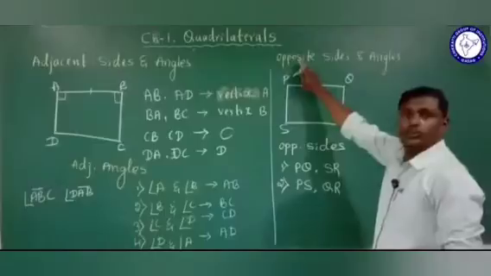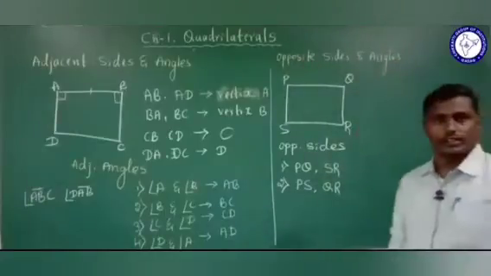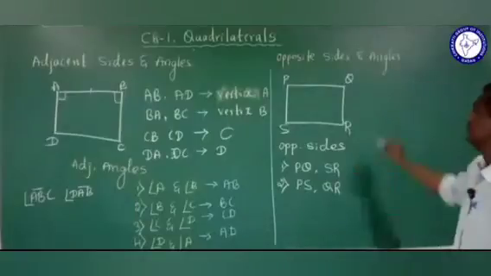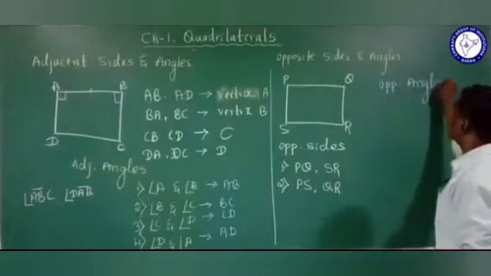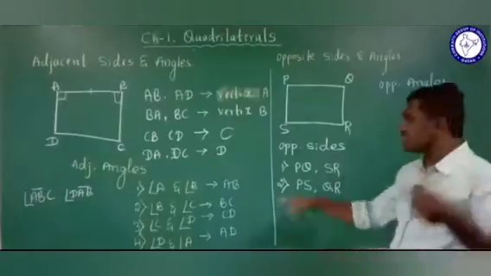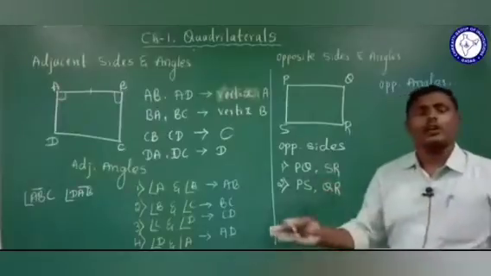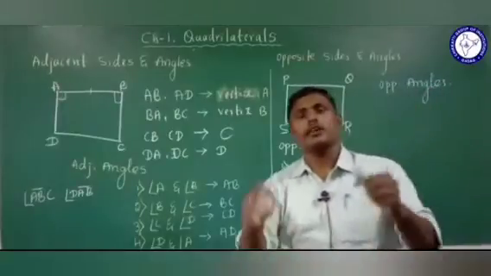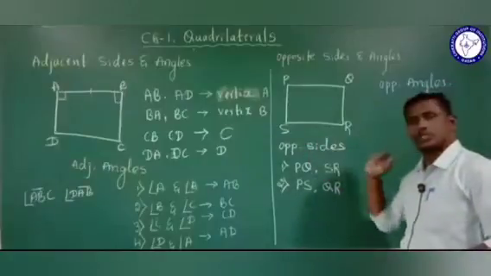Next, going to the topic, that is opposite angles. As we already discussed in opposite sides, the two sides which do not have any common vertex or common angle are called the opposite sides.